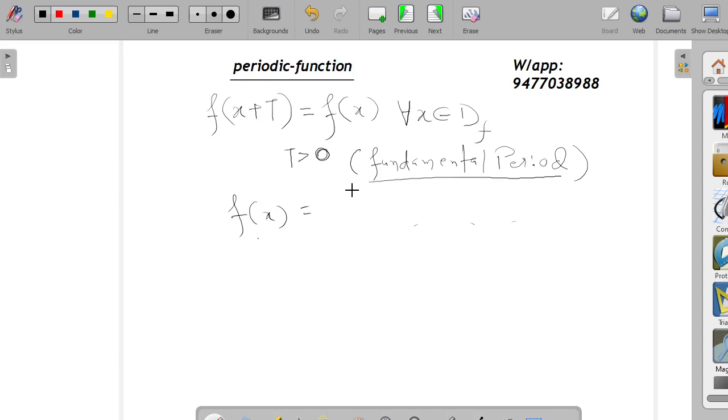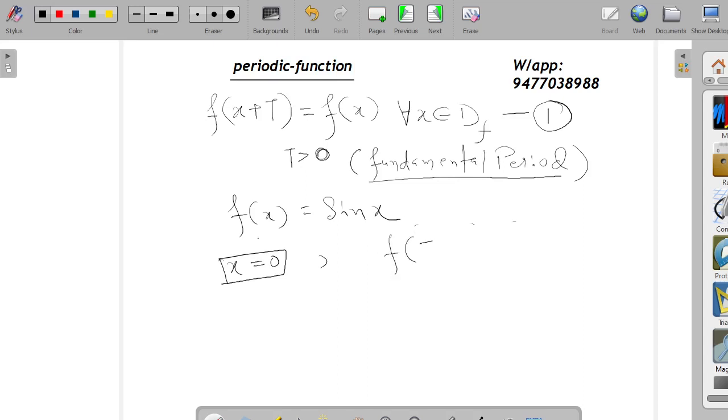For this strategy we place x equals 0 in the functional equation, call it 1, provided 0 is in the domain of the function, otherwise we cannot use this strategy.